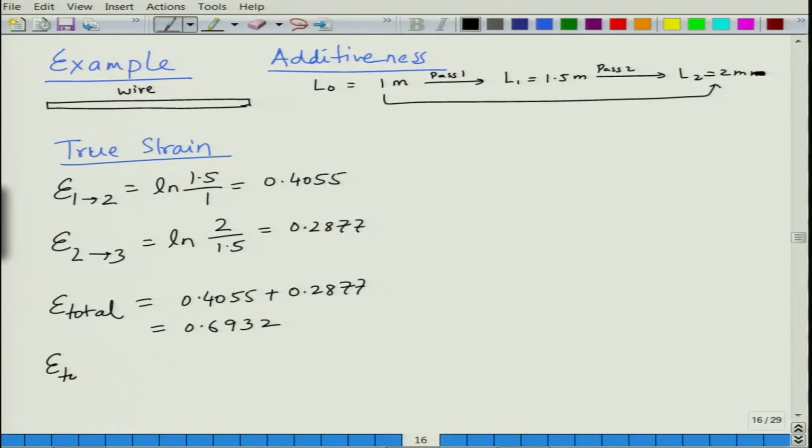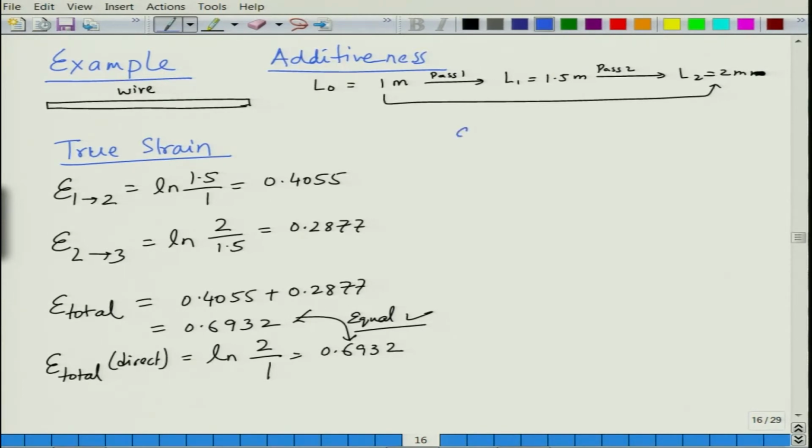If I work out the epsilon total directly, going from 1 to 2 directly, this is ln of 2 divided by 1, which is 0.6932, and these two are equal, which means true strains are additive, right.